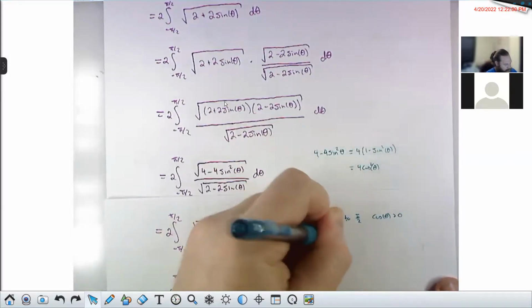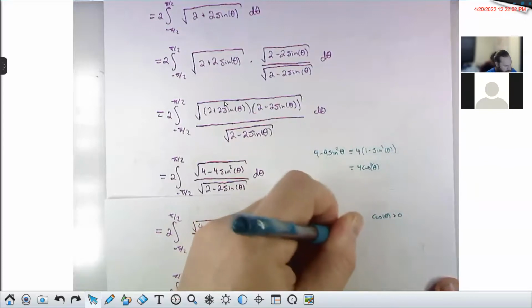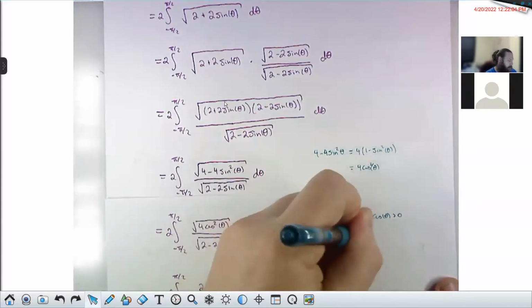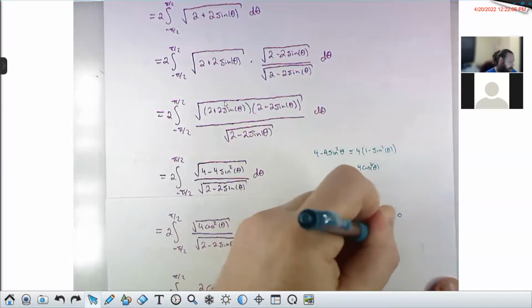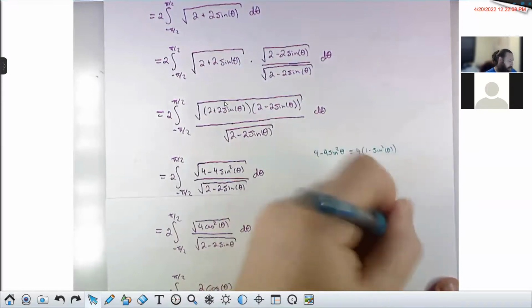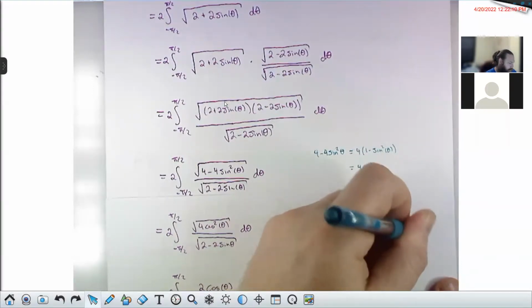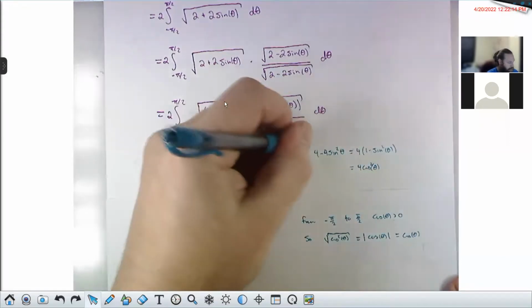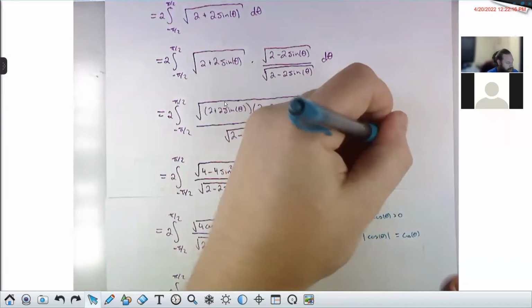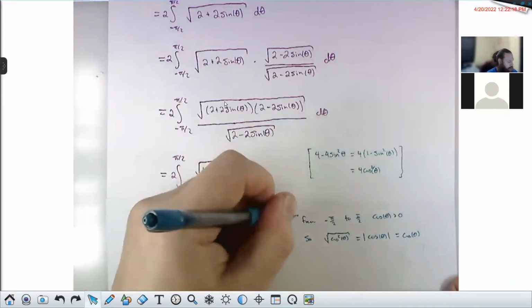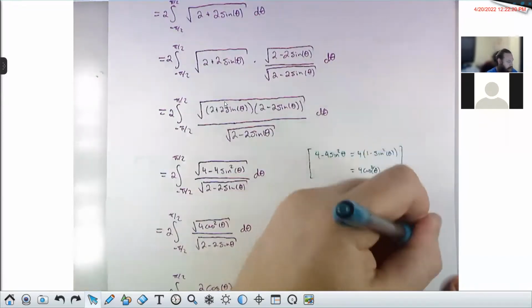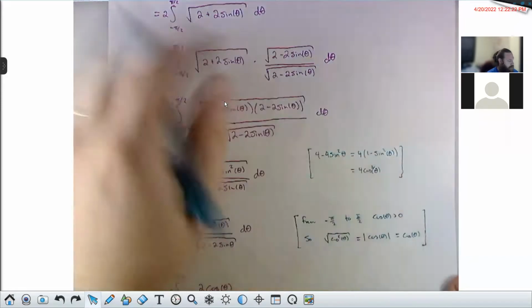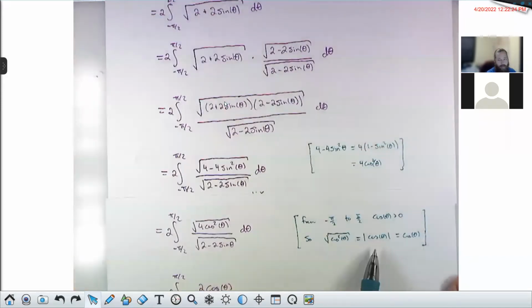So the square root of cos squared theta, which technically is the absolute value of cos theta, is equal to cos theta itself. If the theta values we're working with included values that made cosine negative, then we would have to handle this absolute value very carefully.